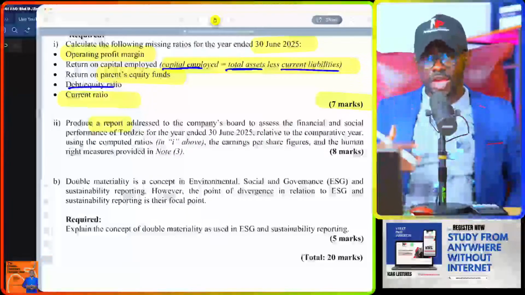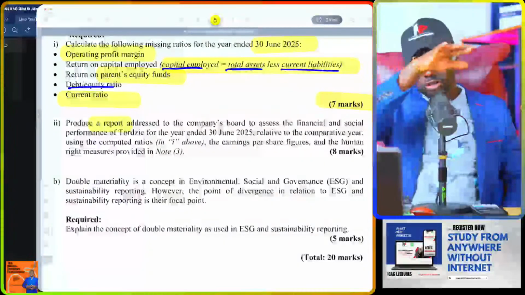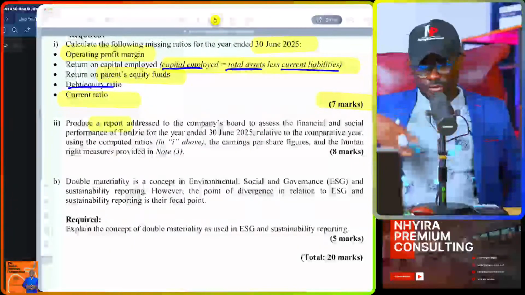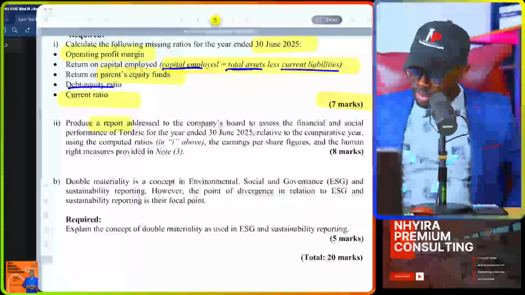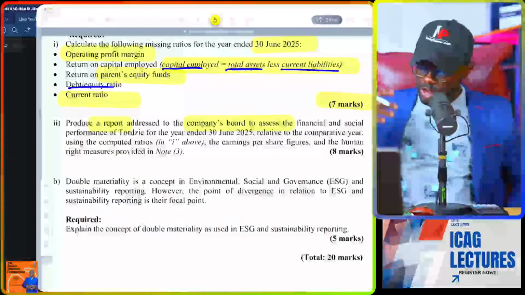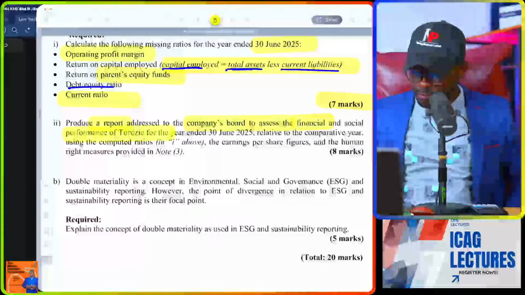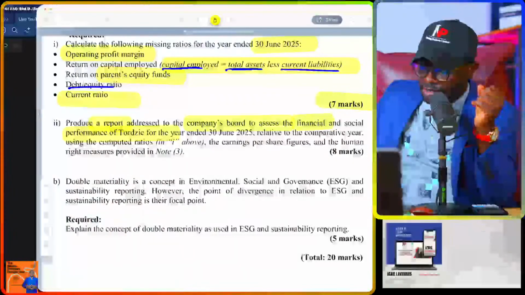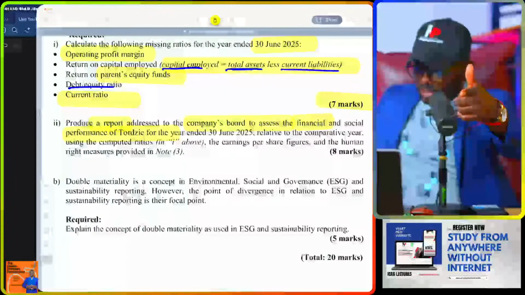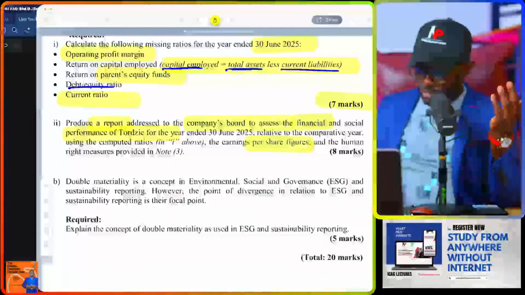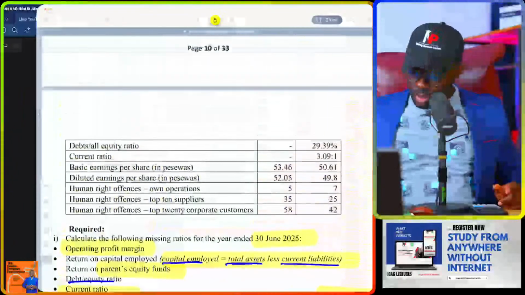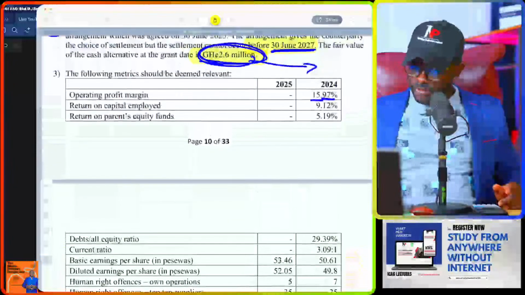By now, you know how to write a report: subject matter, date, then you have your introduction, then you go to address the company's board, to assess the financial and social performance of TOSG for the year ended 30th June 2025 relative to the comparative year using the computed ratios in I above, the earnings per share figures, and the human rights measures provided in note 3. Okay. So if you check, we're given a couple of things here.